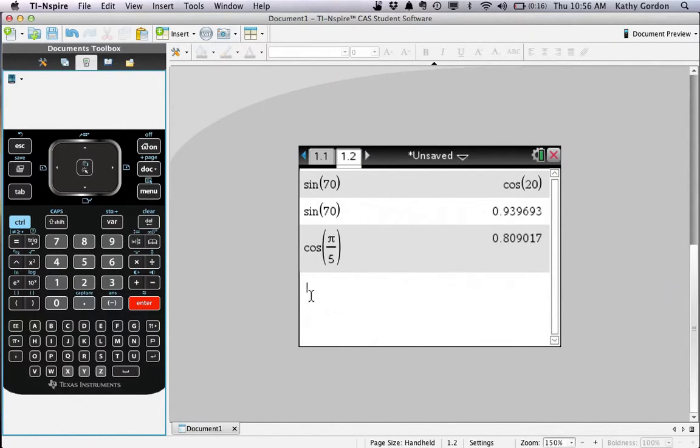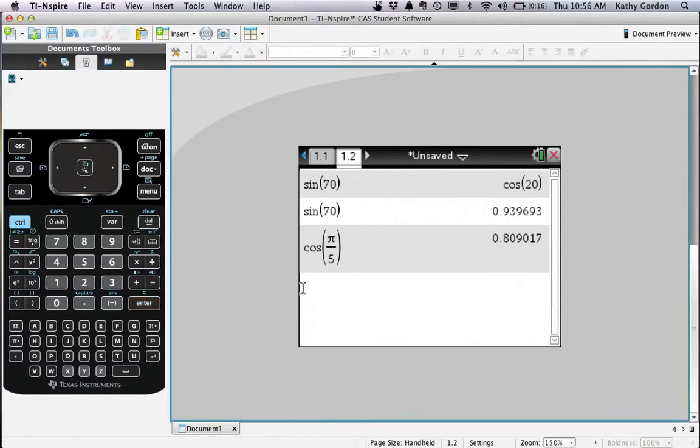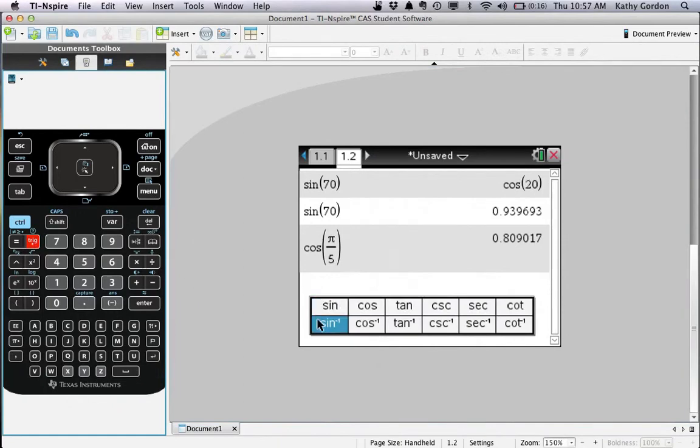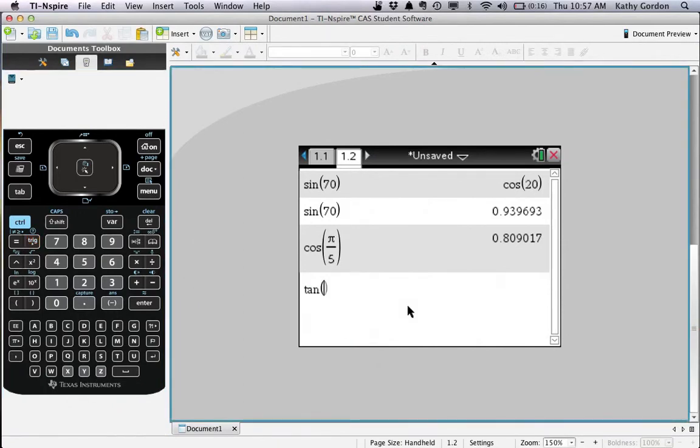Okay. Now, what if I'm already in radian mode, but there's just this one problem I want to do really quick as a degree? I have the option of doing that. Let's say I want to know what the tangent of 35 degrees is. So I go to my trig, I go to my tangent, I type in the 35, but because it's in radian mode, I need to tell the calculator to do this one in degrees.